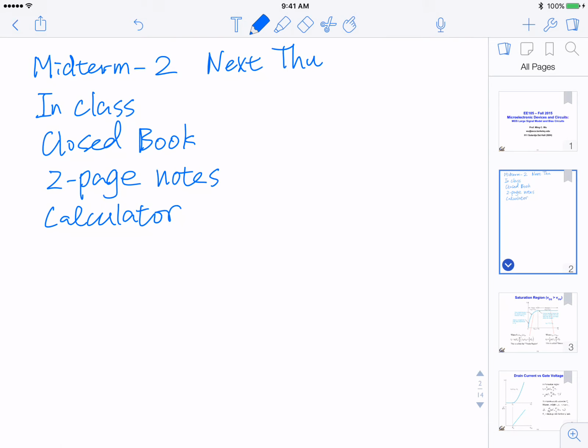Okay, and what does it cover? So it covers topics up to this Thursday. So the lecture today and the lecture next time, up to this Thursday's lecture.